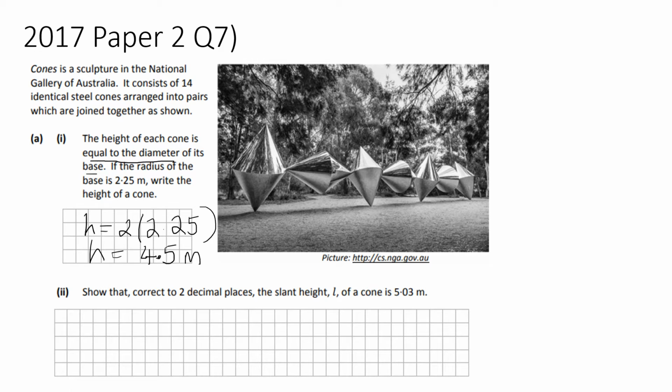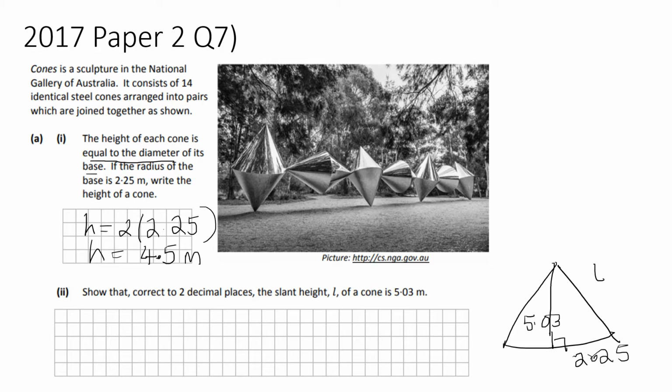So for part 2, show that, correct to 2 decimal places, the slant height, or L, of a cone is 5.03. So when you draw your cone, you have a radius of 2.25, and we know that the height is 4.5. What we're trying to do is find L here, which is the slant height.